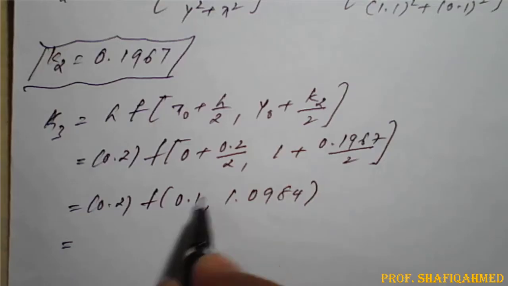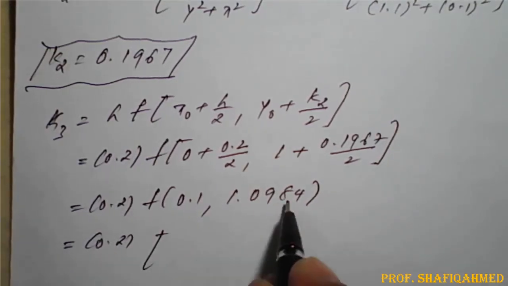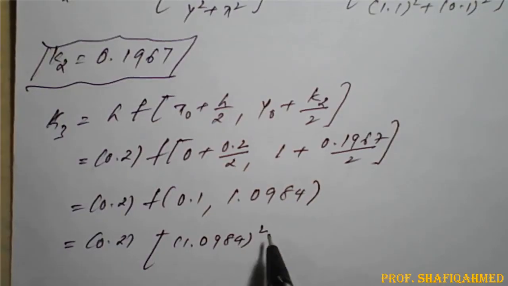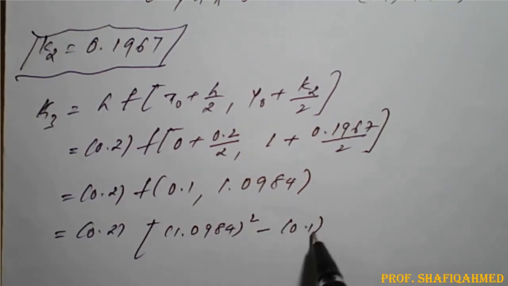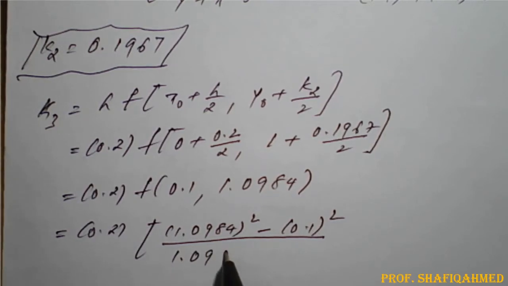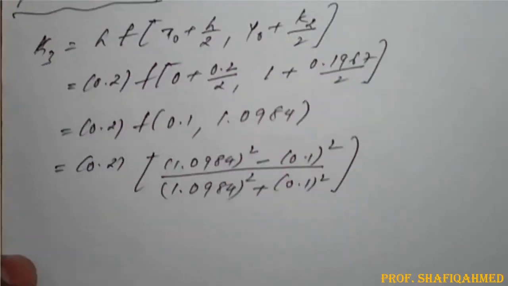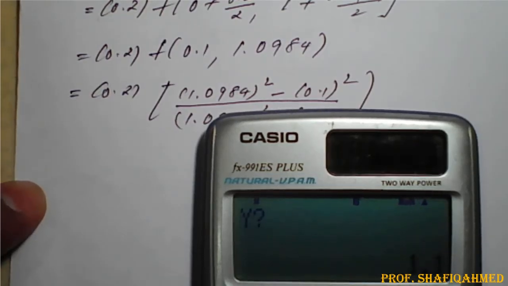So on simplification, 0.2 into, I am writing directly, y square, that is 1.0984 square minus 0.1 square divided by 1.0984 whole square plus 0.1 square. We have already calculated this in the calculator. Again use the Calc button, the equation is already there.